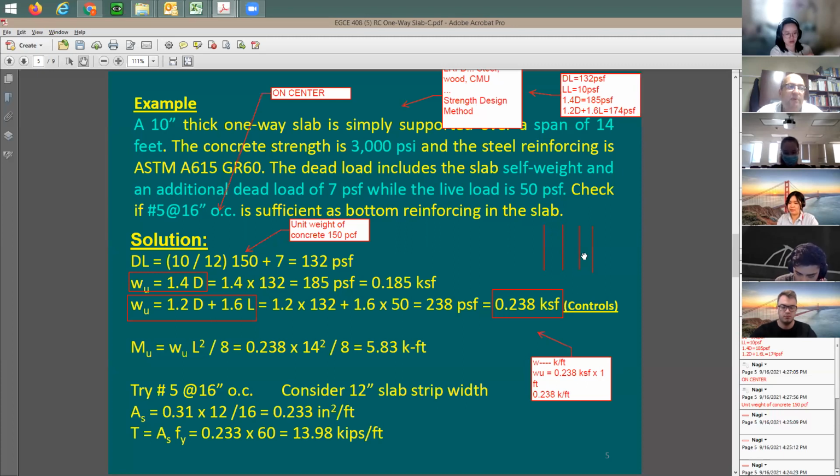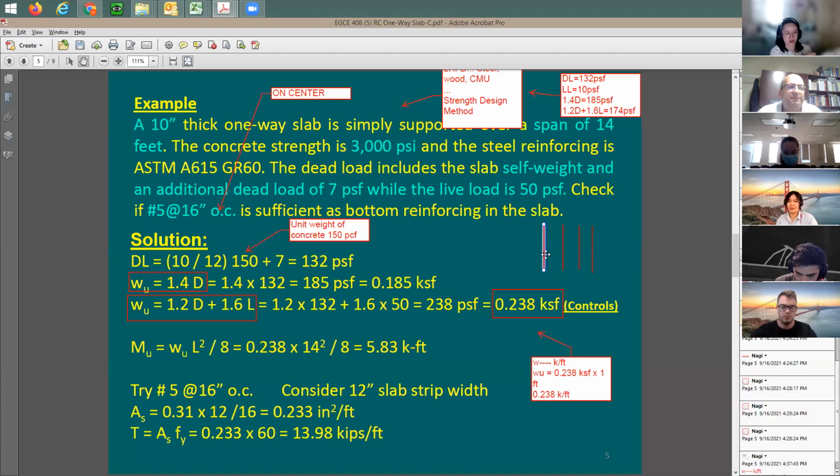So to give you this example: on average, when you have this at 16 inch, how many square inches of steel reinforcing do you have per 1 inch wide strip? If you divide it into very little pieces next to each other, how much reinforcing in square inches do you have per 1 inch? Only per 1 inch. Well, the number 5 bar means 0.31.